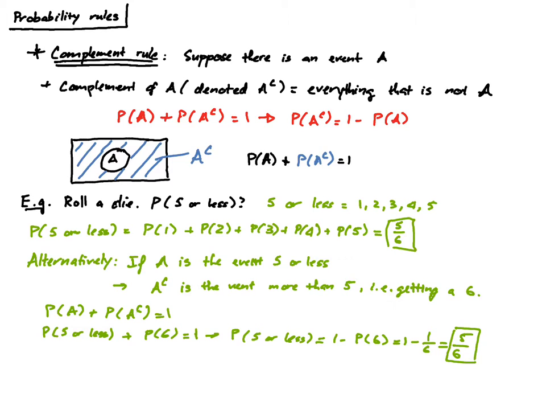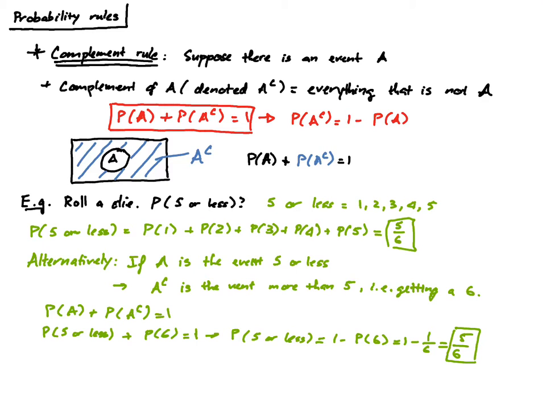So in this video, we looked at the first probability rule, which is the complement rule. And the complement rule says that the probability of an event A plus the probability of the complement of A is equal to 1.